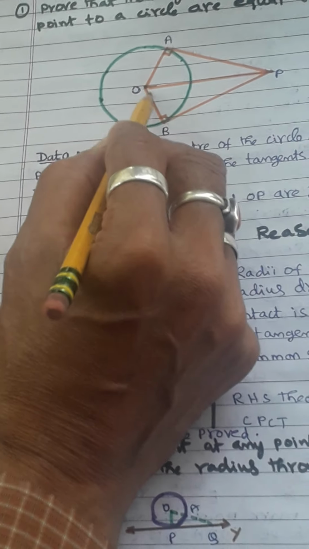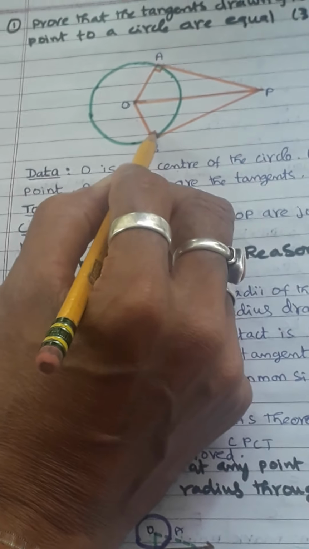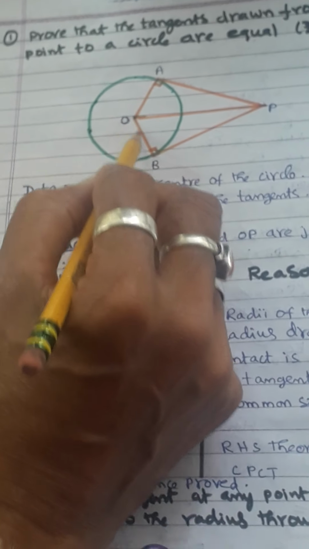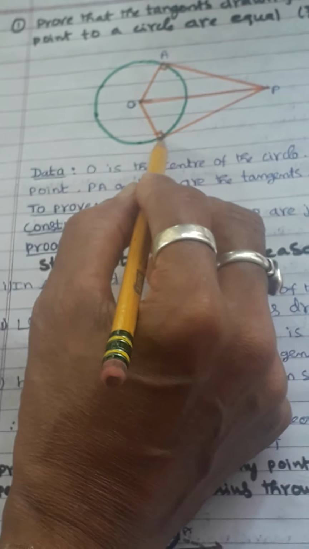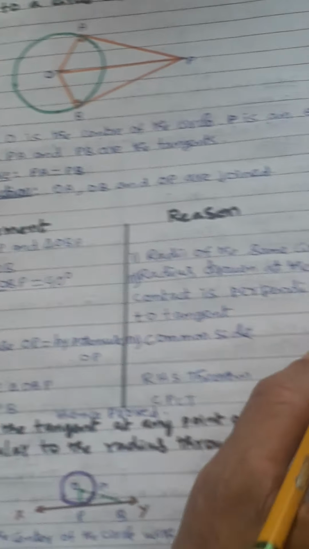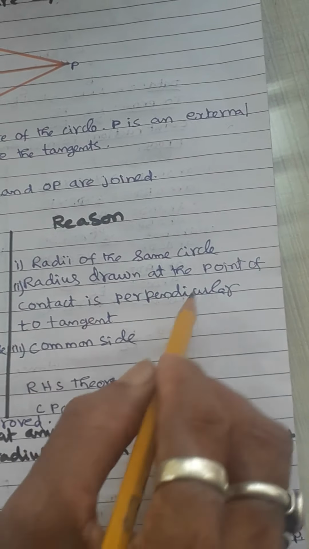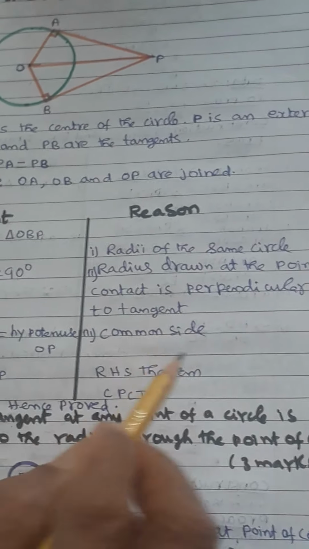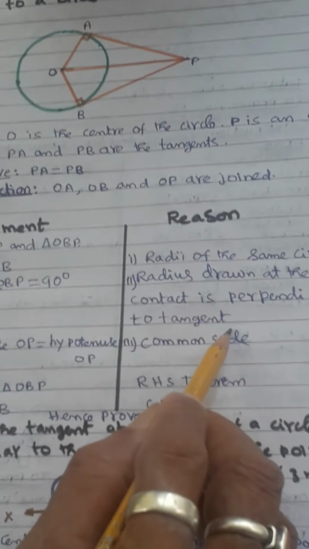Here also, this is a radius drawn where the tangent touches, so this angle is 90 degrees. The radius drawn at the point of contact of the tangent is always perpendicular. That is the reason you have to write here.